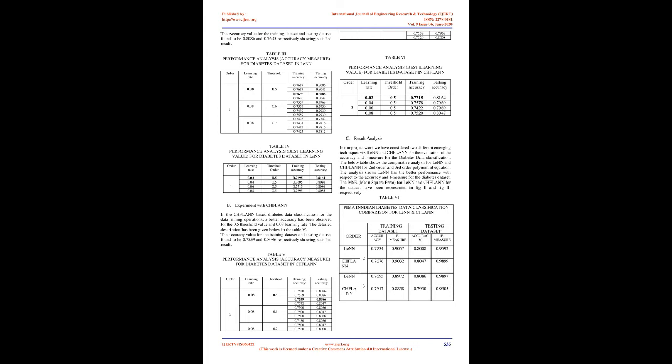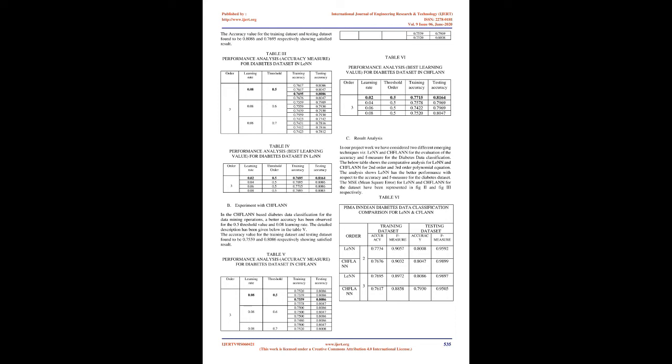Eventually we obtain the confusion matrix based on the classified result shown in Table 2. The accuracy was calculated by using the following formula. Specificity equals TP/POS. Sensitivity equals TN/NEG. Precision equals TP/(TP plus FP). Recall equals TP/FN.